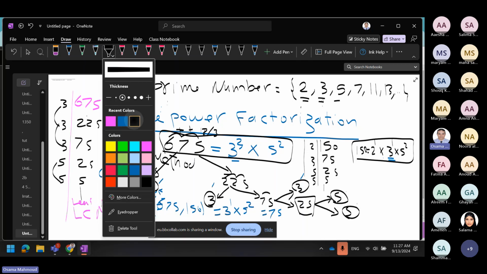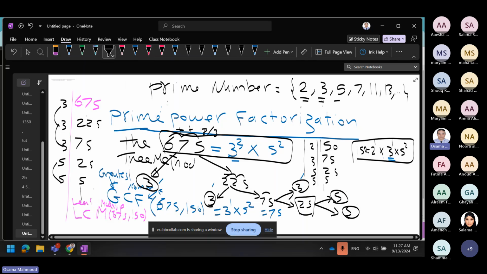You go for the common base, which is 3, but in the LCM, you take the highest power. So I take 3 to the power 3 in this case. 5, they have the same, so it doesn't matter, I take each one. In LCM, even the non-common, you take it, okay? So I have only 2 non-common, so I'll take 2.